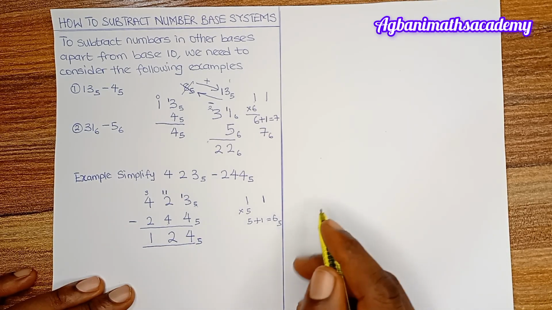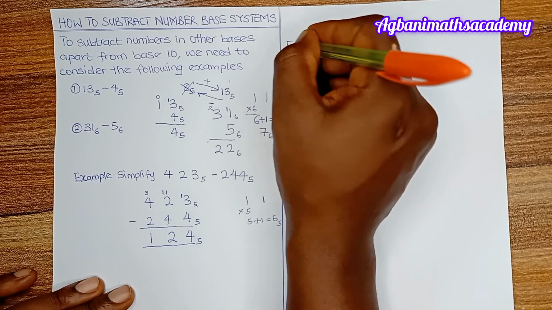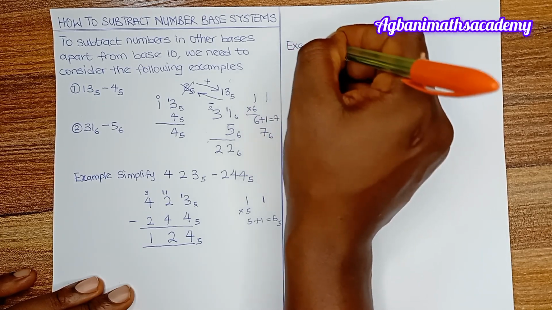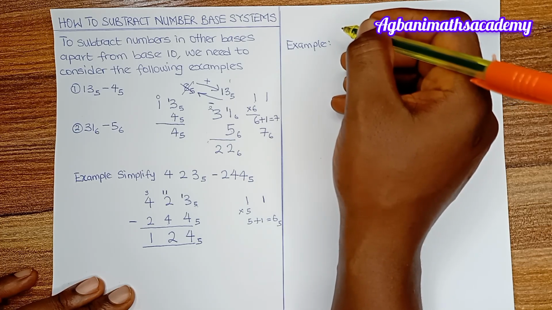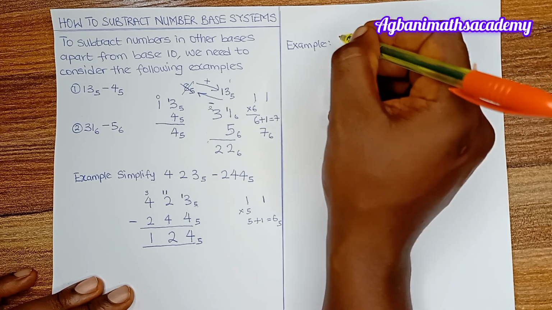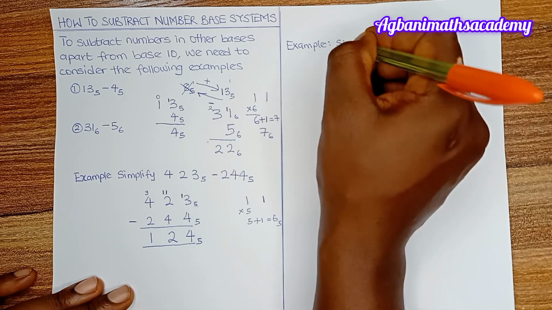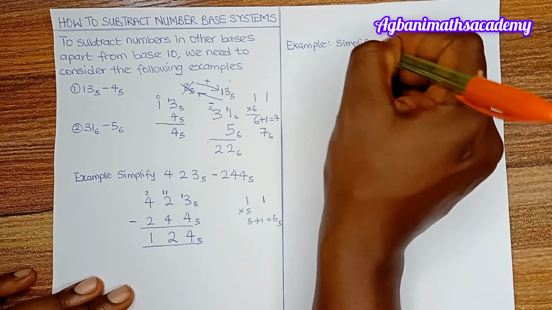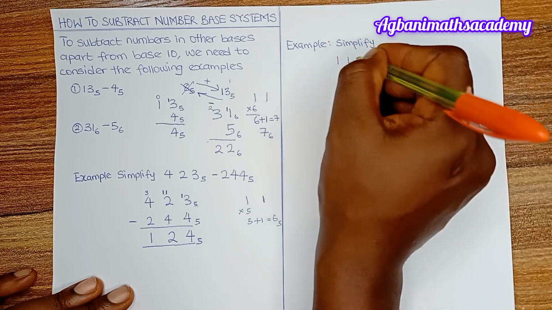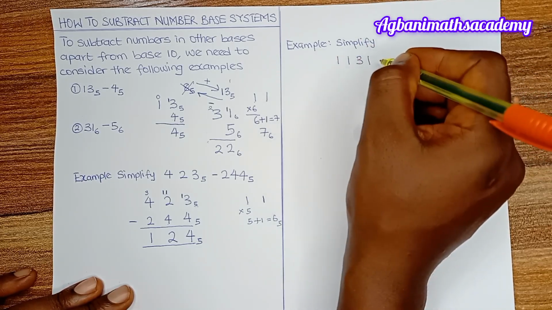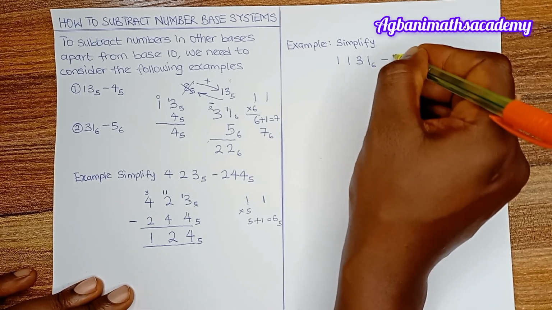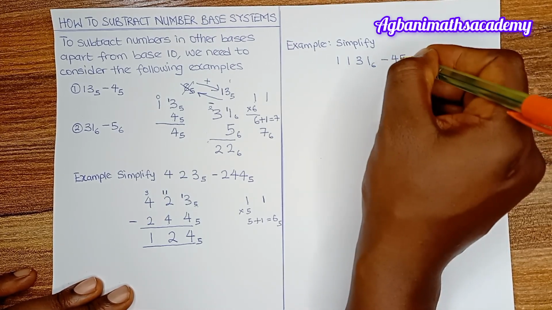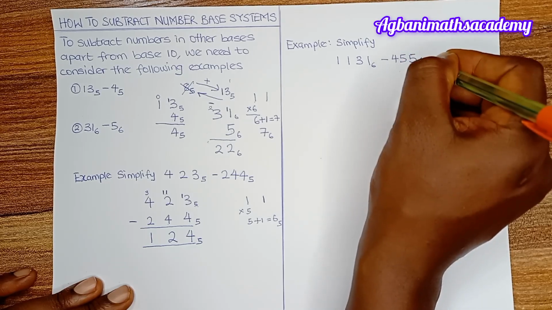So let's look at another example. Simplify. 1131 base 6 minus 455 base 6.